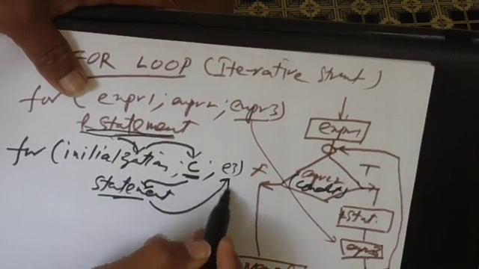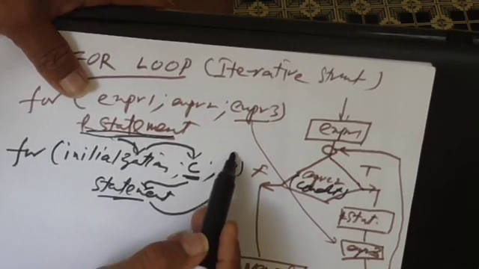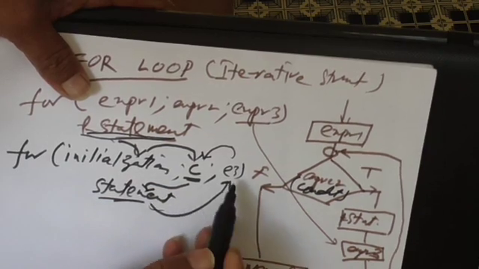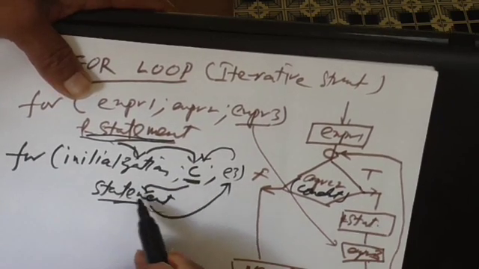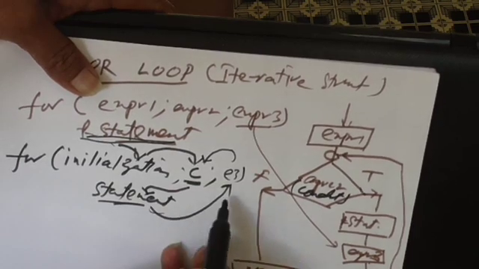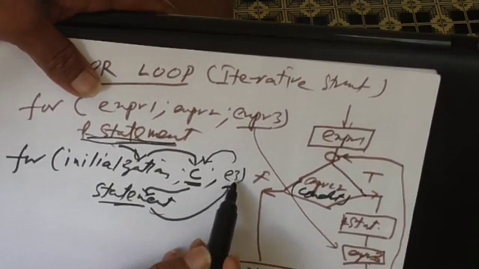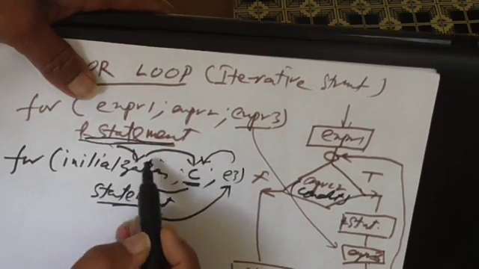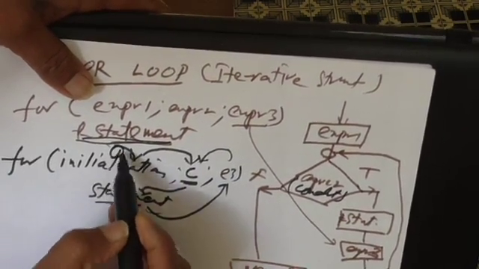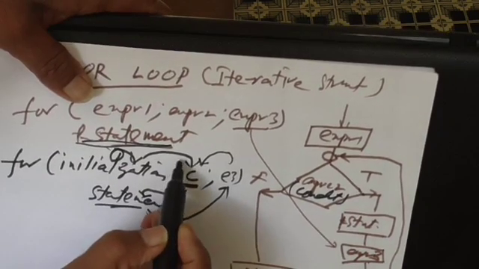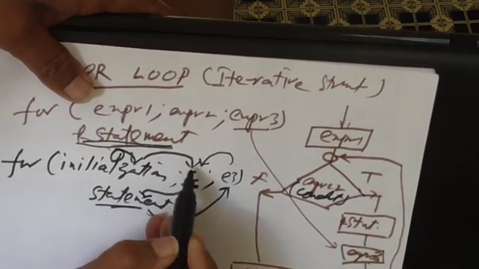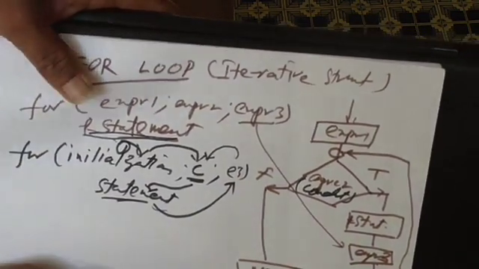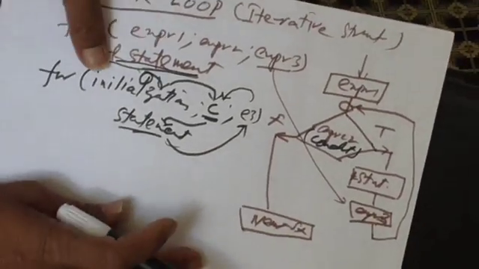After this, expression 3 will be executed, and again the condition is checked. If it is true, again the statement will be executed, then expression 3, then this condition. So in all, the initialization expression is executed only one time, and these are executed several times.